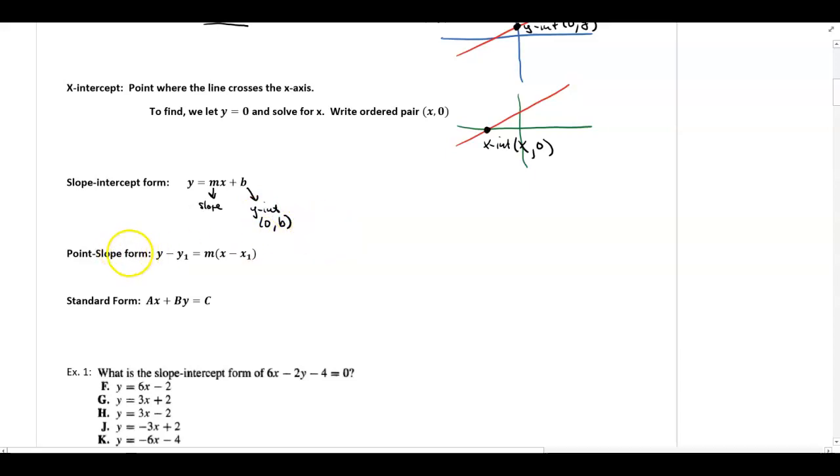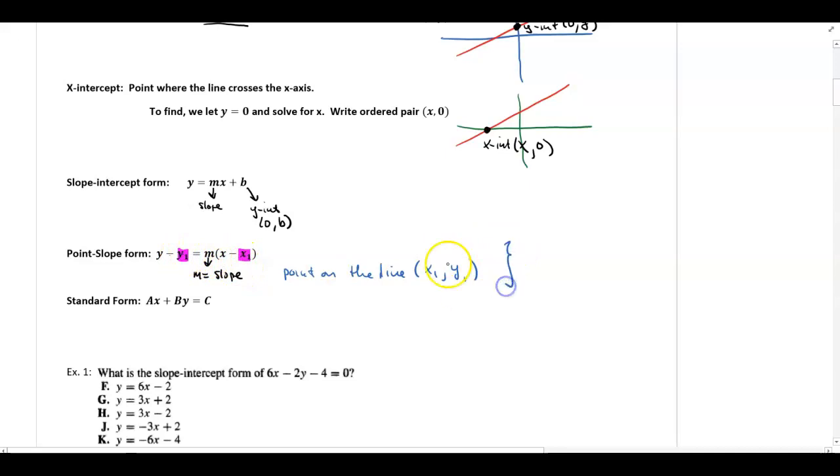Another one is point-slope form. And in point-slope form, m, again, is your slope. But what you have to understand is x1 and y1 end up being a point on the line. And remember, when we take the point and plug it in, because we're subtracting here, the signs would change.